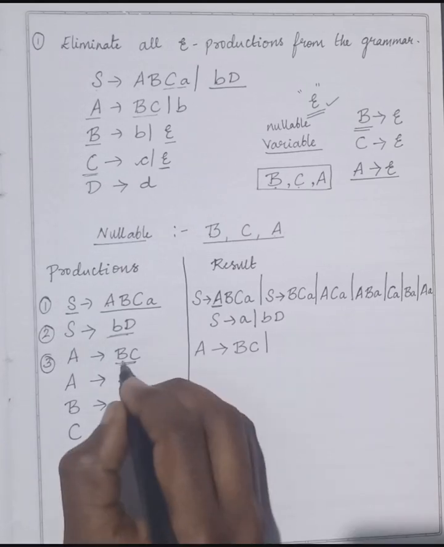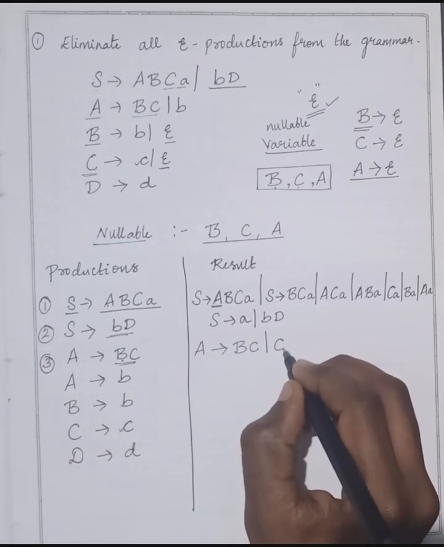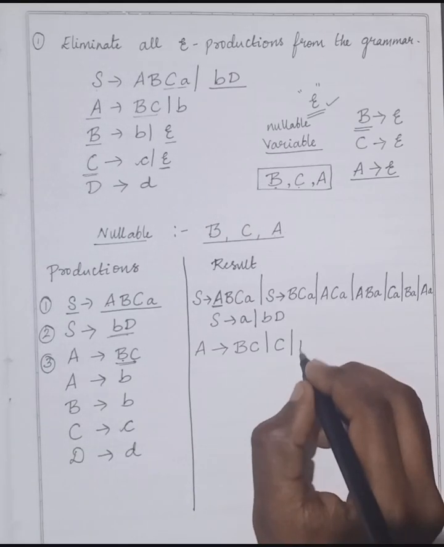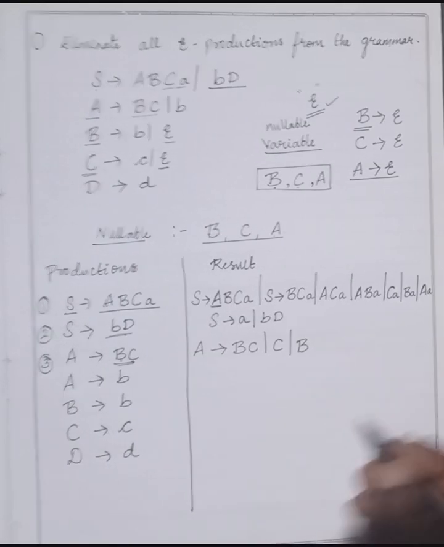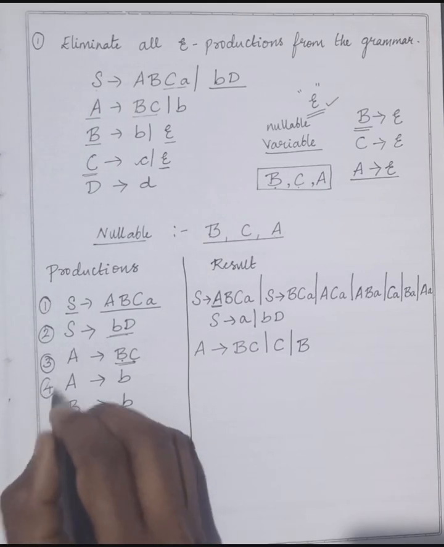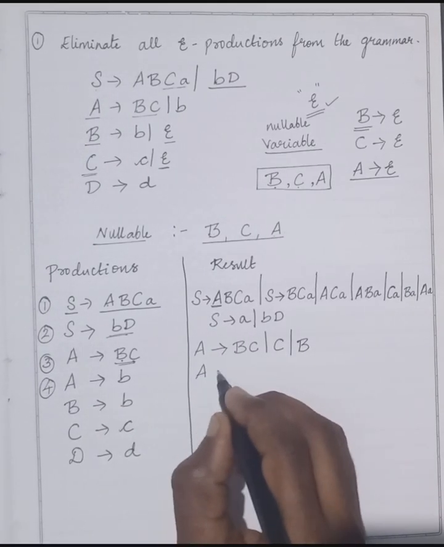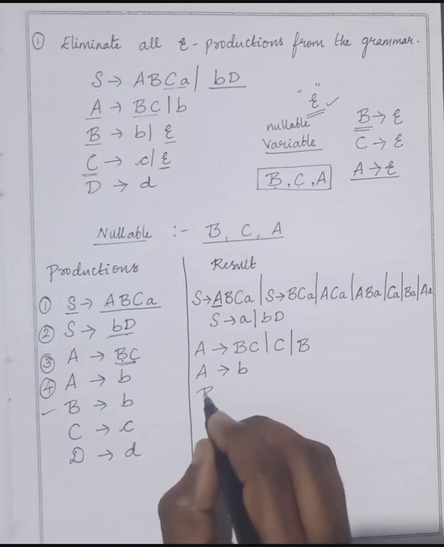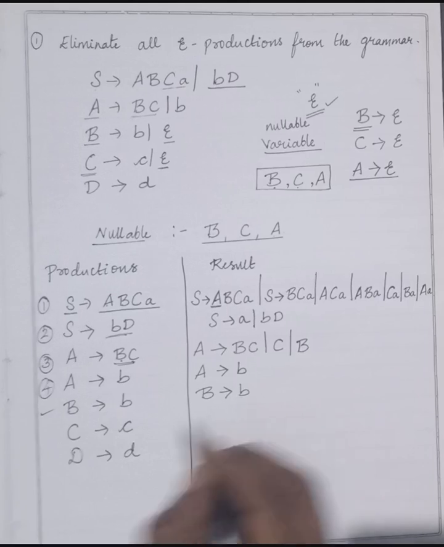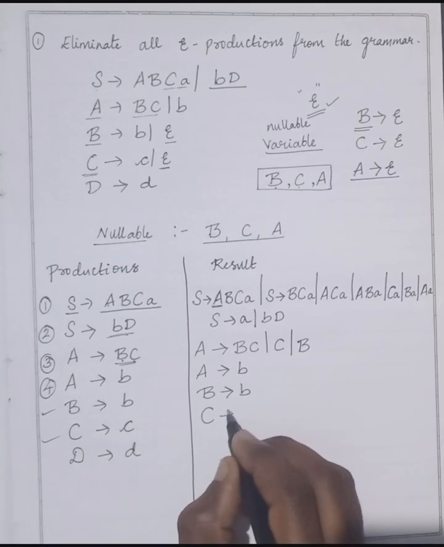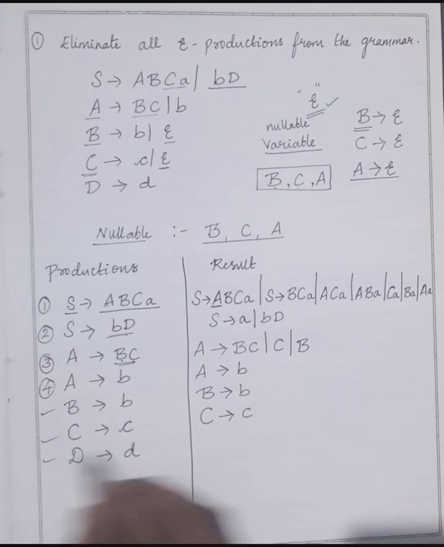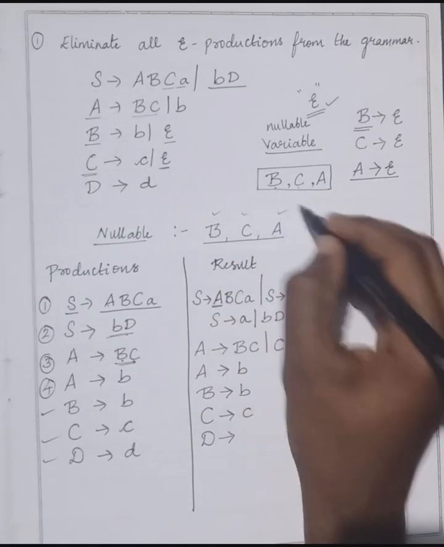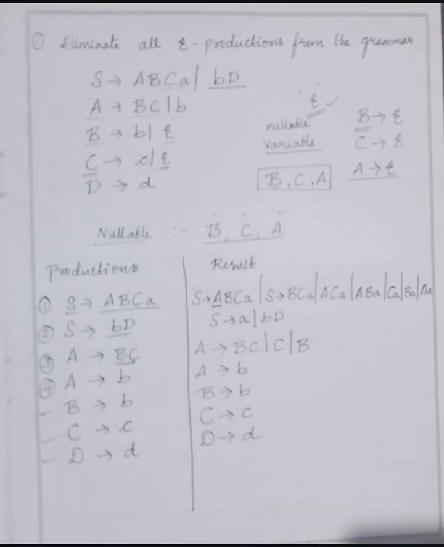Then, considering only B as epsilon, we get C. Considering only C as epsilon, we get B. Then A derives b has no change, so we take it directly. B derives b also has no option, and C derives c also has no problem. D derives d has no nullable symbols, so we take it directly.